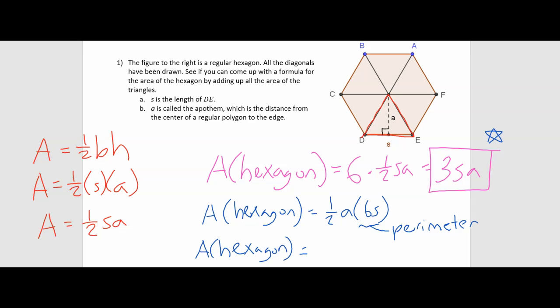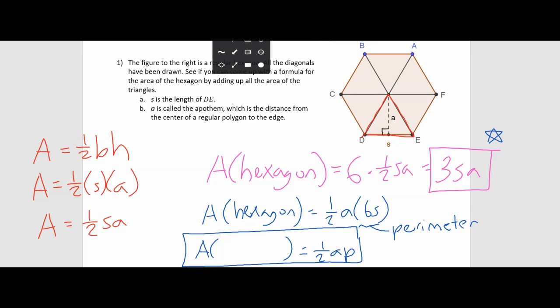So the area of a hexagon we could also write as 1/2 times the apothem times the perimeter. And it turns out that this is actually the formula for any regular polygon. So it's a formula for a hexagon, but we could also put in here regular polygon.